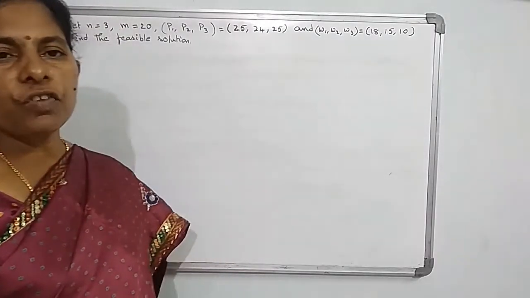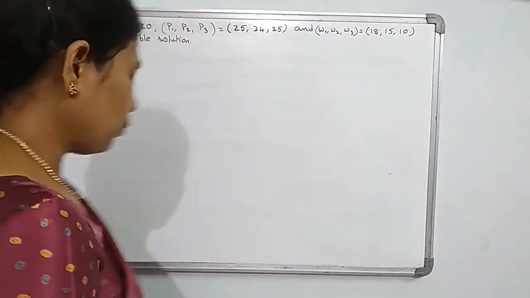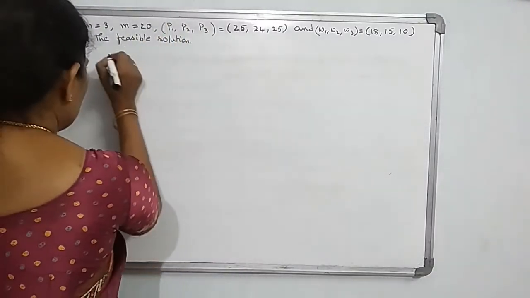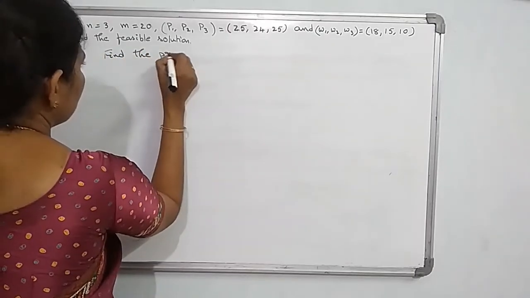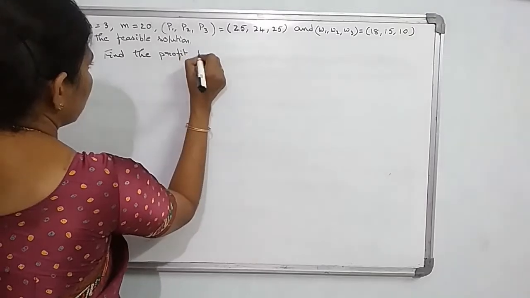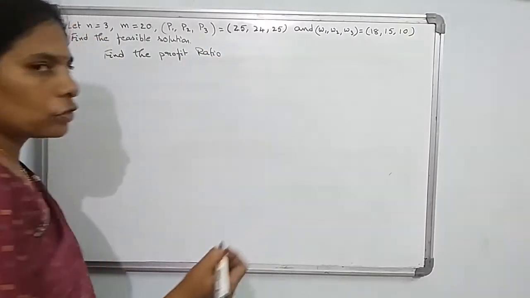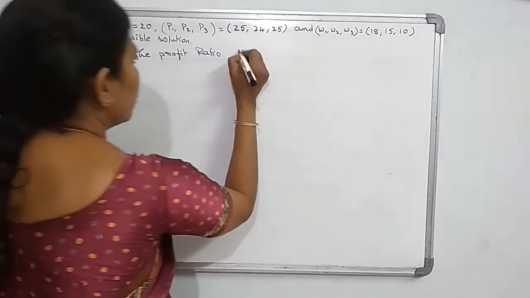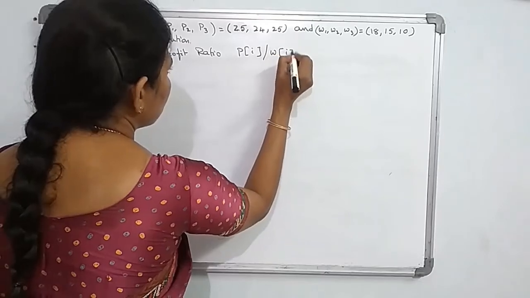If you want to find the feasible solution, first of all you must find the profit ratio of the given problem. To find the profit ratio, you must use the equation P of i by W of i.